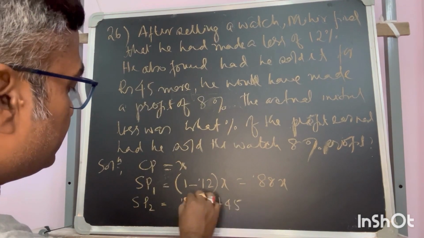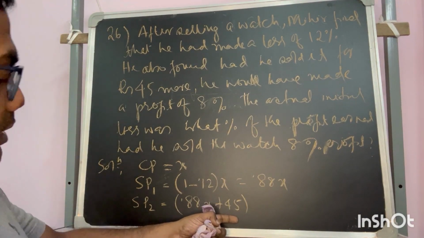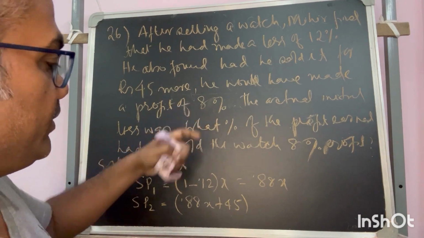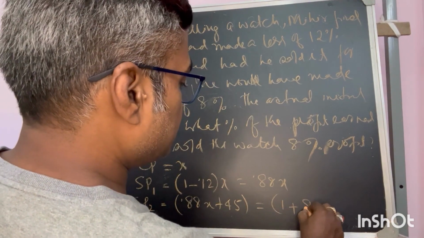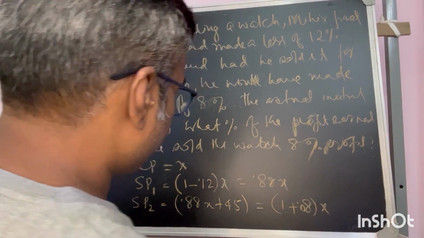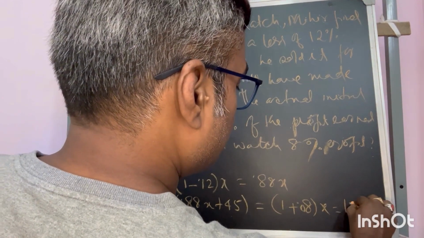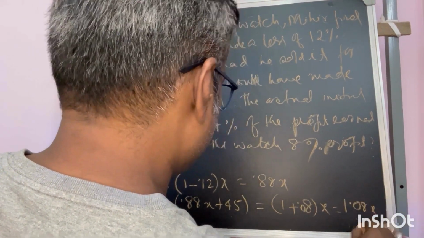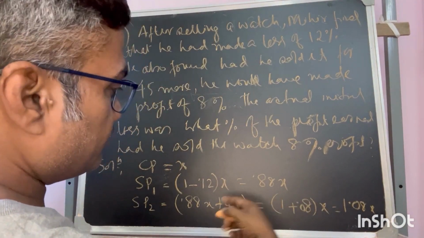This is when he makes a profit of 8%, so this is equal to 1.08 X. So what is the equation then? This will go that side.